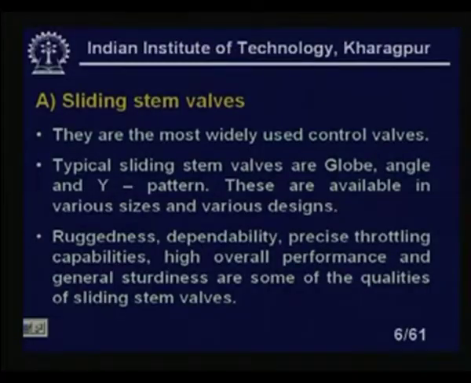That means for a particular position, this much liquid will flow, this will be the volumetric flow, and that can be precisely achieved in this type of valve, the sliding stem valve. High overall performance and general sturdiness are some of the qualities of sliding stem valves. It is very rugged, very sturdy, so it is widely used in the industry.